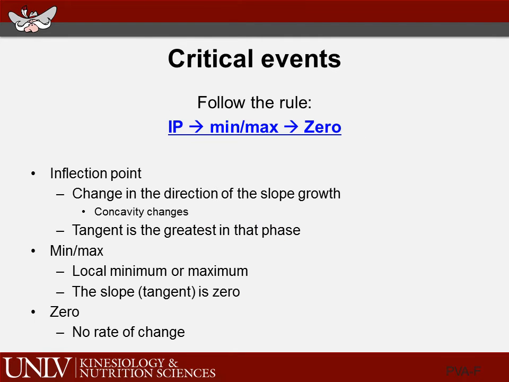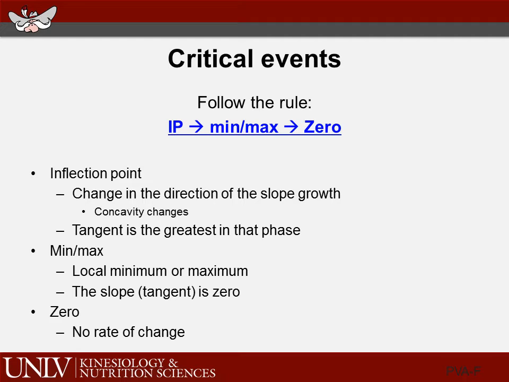Okay. Now, when we do it graphically and qualitatively, this is going to be the relationship you follow. We're going to identify critical events, and this is the rule: you have IP, go to minimum or max, which goes to 0. What does this mean? Well, IP is the inflection point, so it's a change in the direction of the slope, and you'll see this easier in class because I'll show you how to identify that.